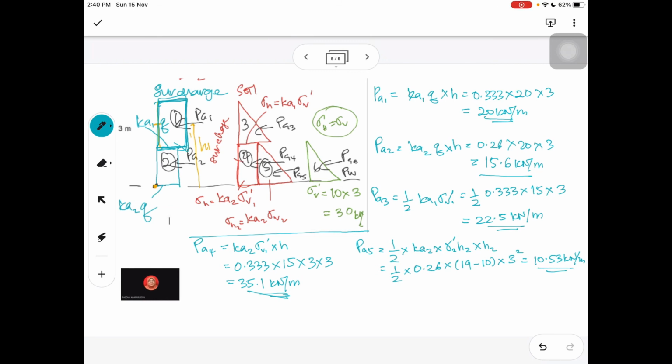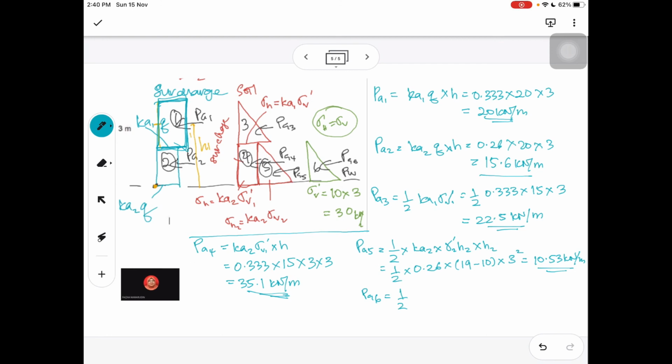Okay, and then lastly is PA6. So PA6 is also triangular. So the area of the triangular is half of the base.